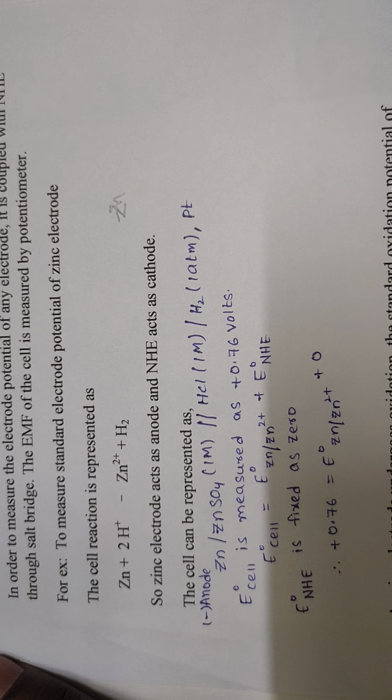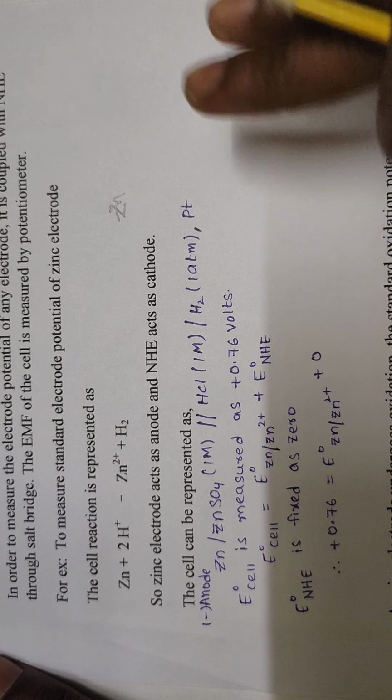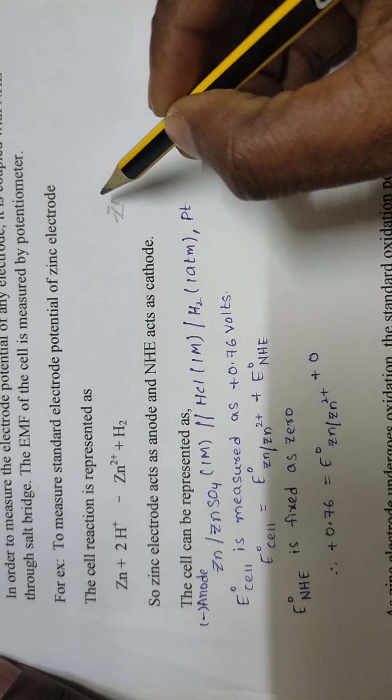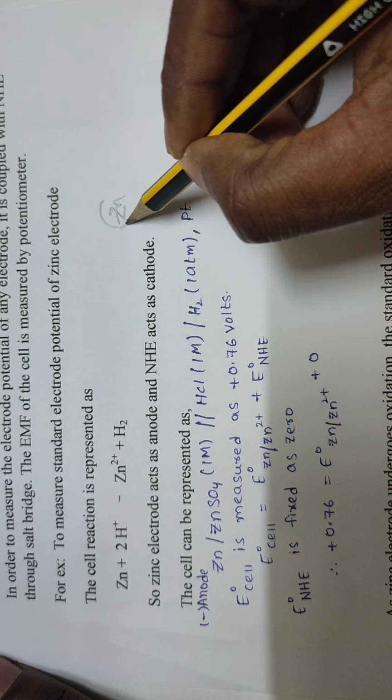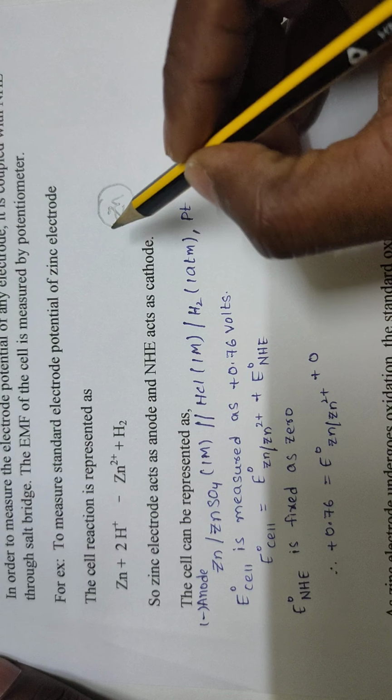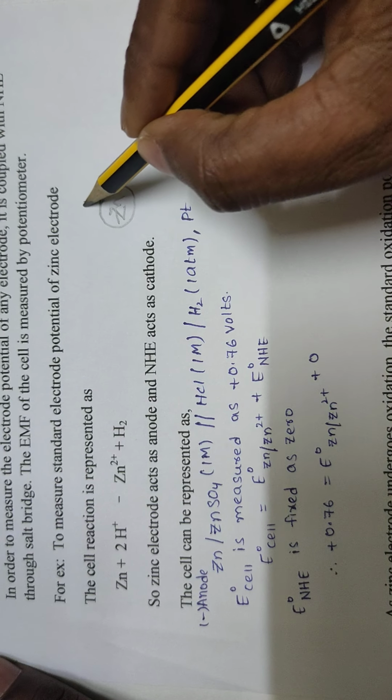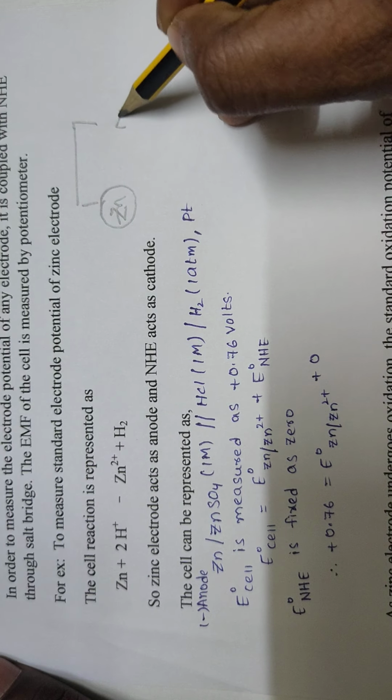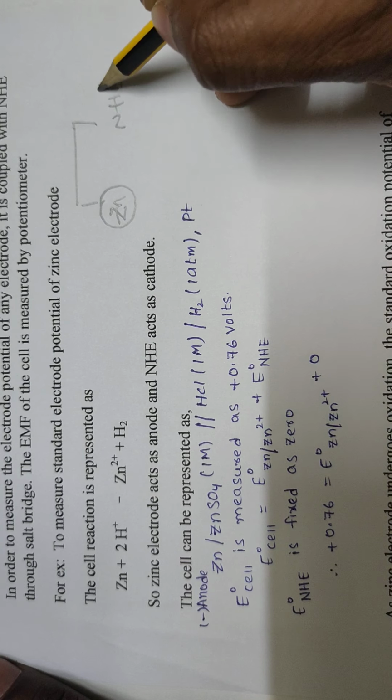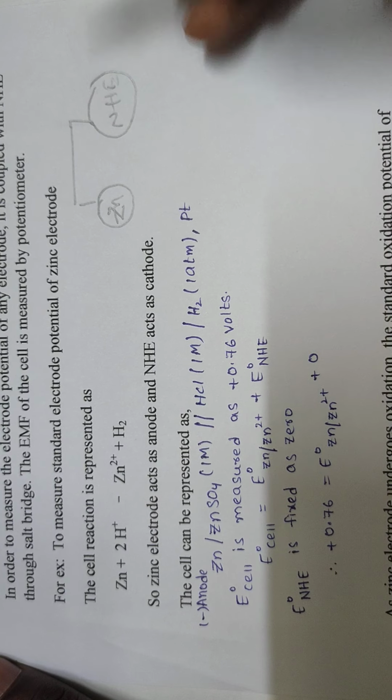For example, to find the single electrode potential of zinc, it should be connected to the normal hydrogen electrode, that is the reference electrode NHE.